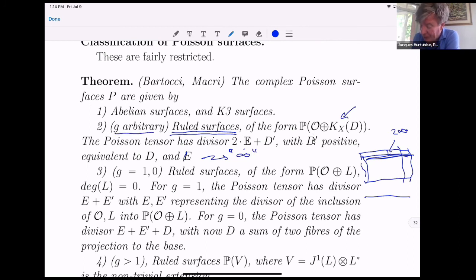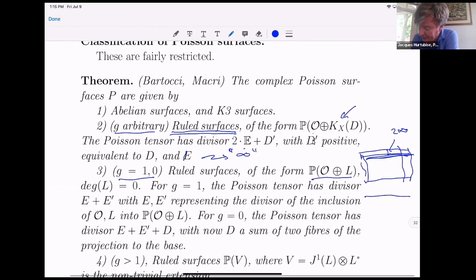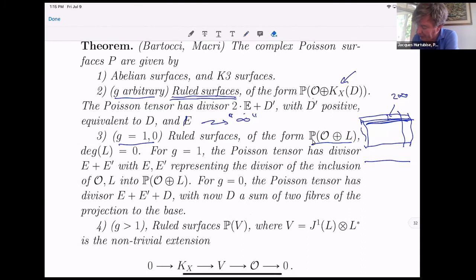So that's g arbitrary. For g equals 1 or 0, you've also got ruled surfaces of the form trivial bundle plus a line. And here you've got this possibility of a ruled surface, but now the singularity, the zero of the Poisson structure, is at 0 and infinity.